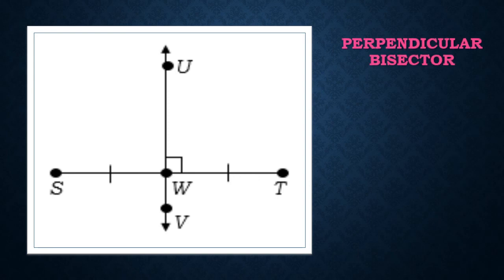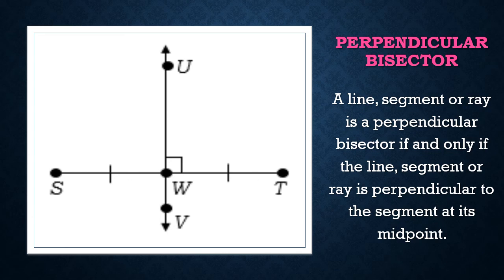We also need to know some important details regarding perpendicular lines. So we have here the perpendicular bisector. What does it mean? A line segment or ray is a perpendicular bisector if and only if the line segment or ray is perpendicular to the segment at its midpoint.